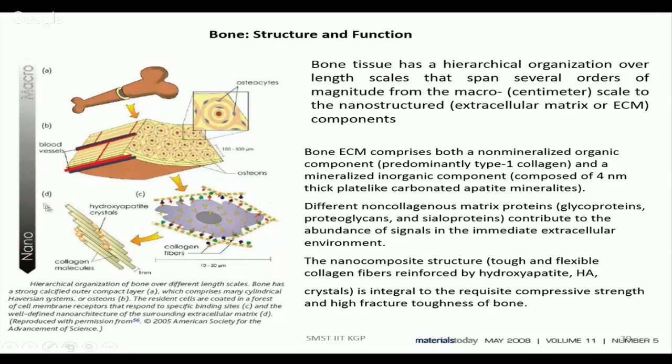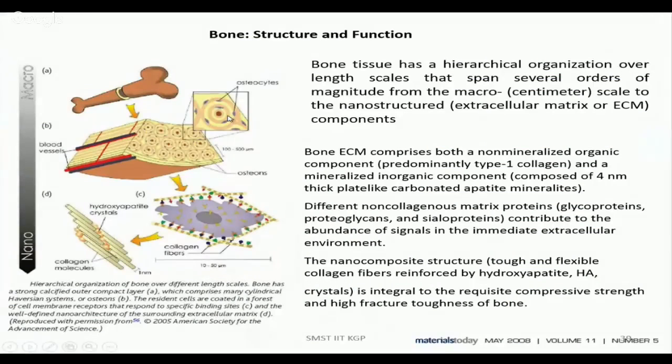So eventually it gives you a composite of hydroxyapatite and collagen, and as you see from osteon, in each individual layer the collagens are oriented in different directions. So that gives you a cholesteric kind of rearrangement, and it gives you some kind of toughening mechanism.